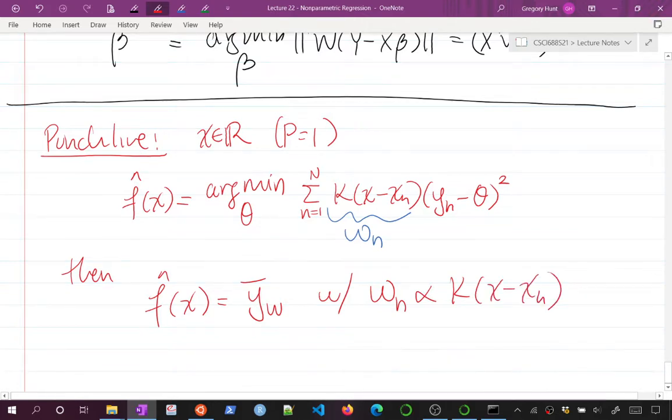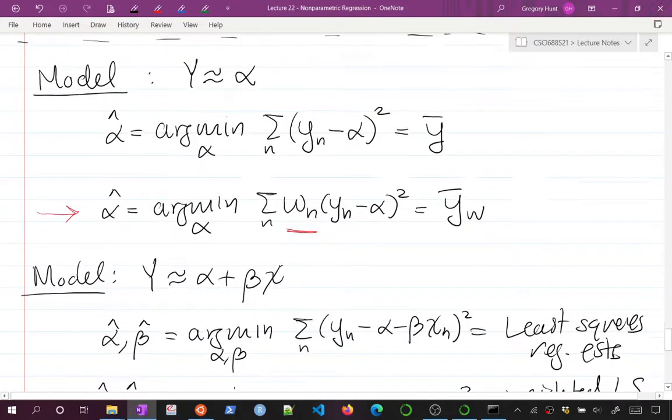That's exactly what we said here: if we solve this model and predict y as just a constant, we just get a weighted y bar, weighted by whatever the weights were.